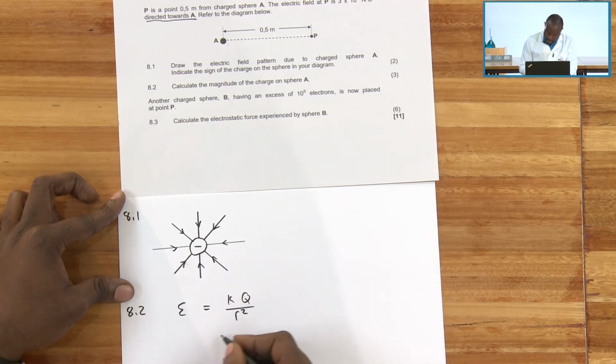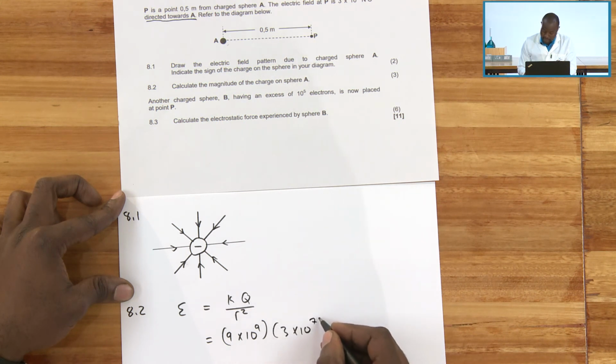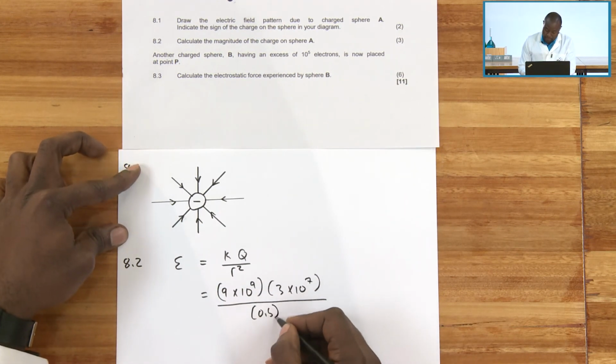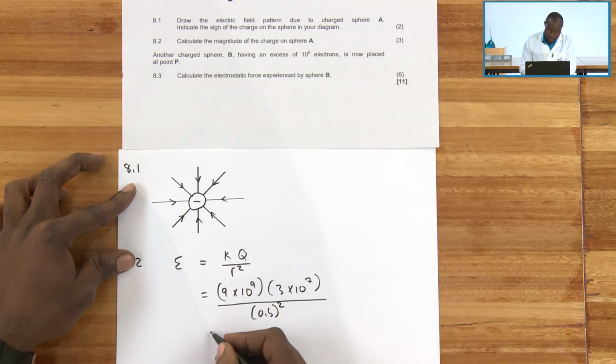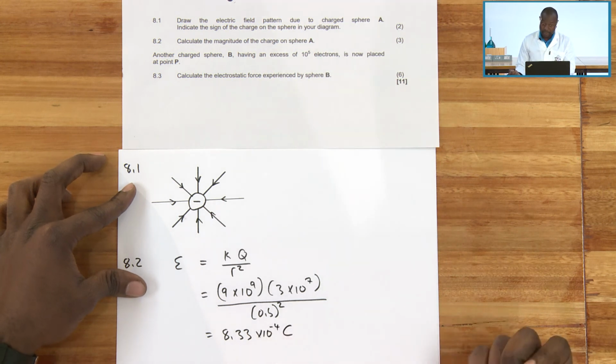And we know that our K is 9 times 10 to the power of 9, and our electric field is 3 times 10 to the power of 7, over the distance, which is 0,5 meters, and we need to square that. And our answer will come out as 8,33 times 10 to the power of negative 4 coulombs.